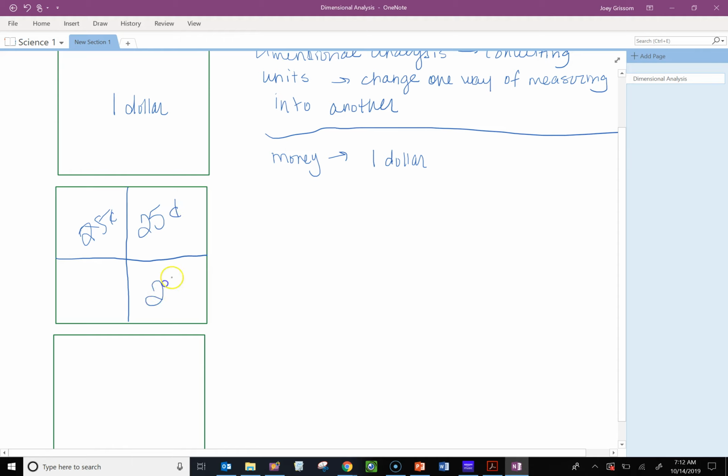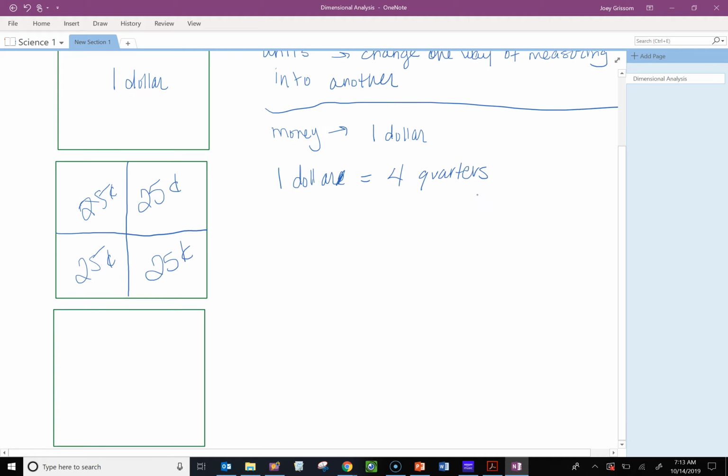So if we think about the relative amount of money, does it change? No, it's all still a dollar, right? It all still fits inside that same box. I just know that $1 is equivalent to 4 quarters. Okay, so I know that information because I've done it before, you've experienced that with money plenty of times, that $1 is the equivalent of 4 quarters.